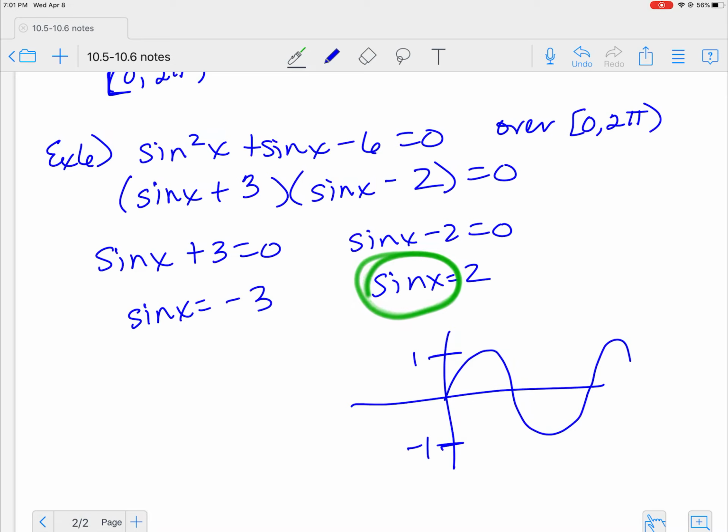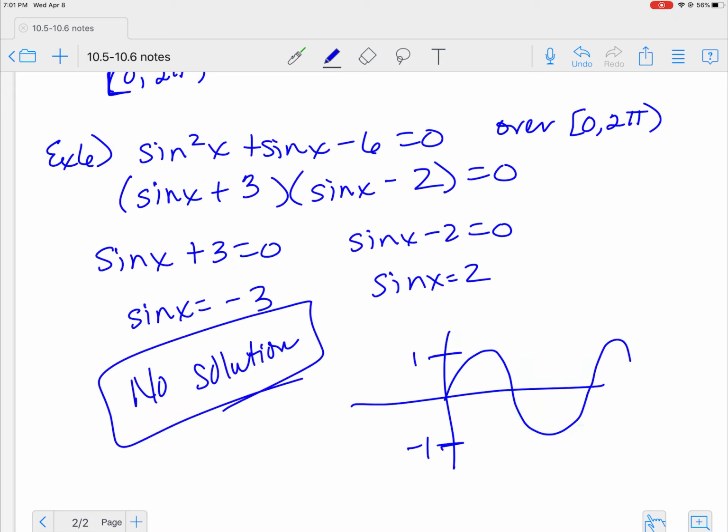Anybody else see an issue with that? Where does sine go to? Without any kind of transformations, just sine by itself, am I ever going to get an output of 2? Nope. Am I ever going to get an output of negative 3? Nope. There is no such thing. This one is a no solution.